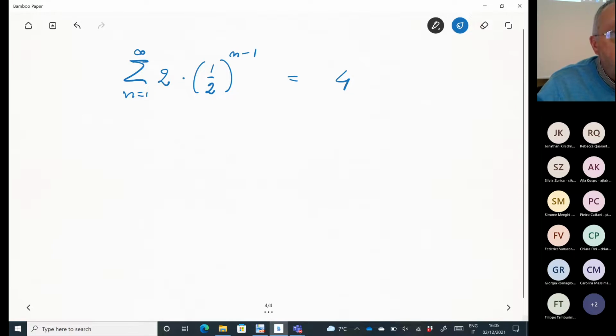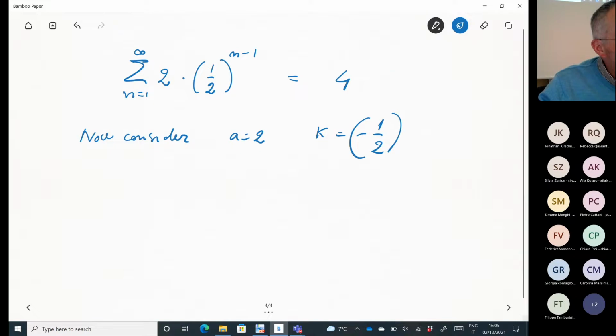This was our first example. So what happens now if a is equal to 2, but k is equal to minus 1/2. So k is negative. So let me try to list a few elements of this sequence.